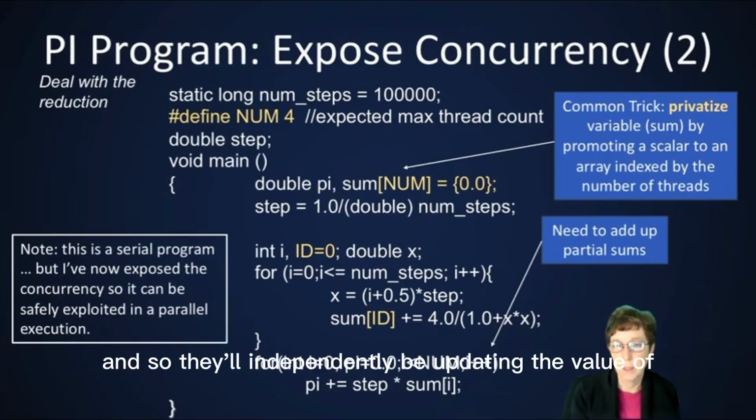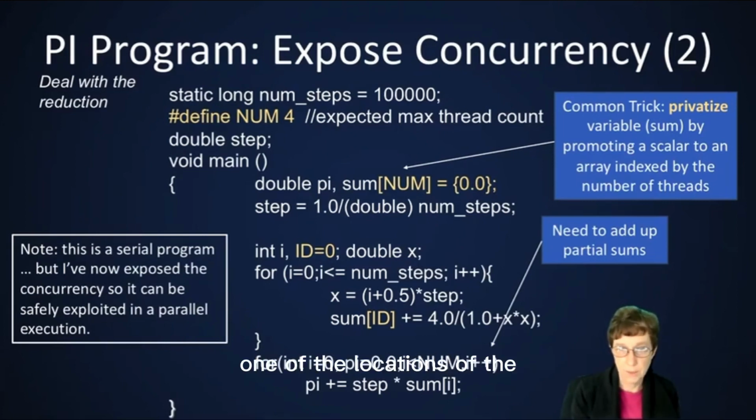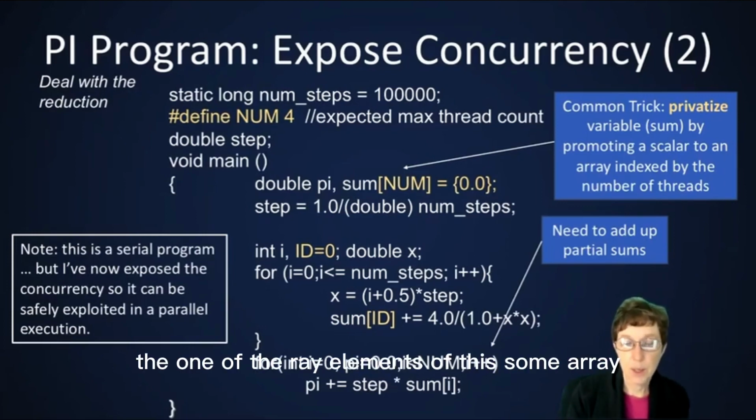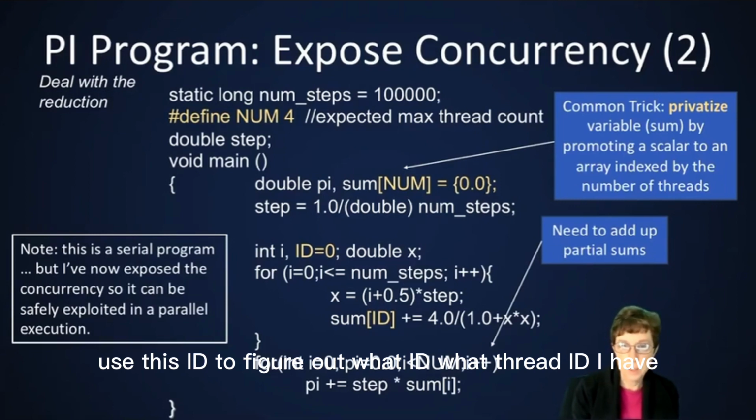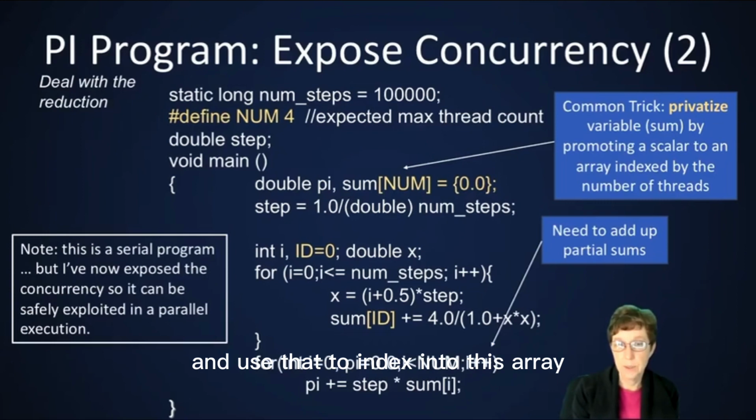And so they'll independently be updating the value of one of the locations of the sum index, so one of the array elements of the sum array. Okay, so I now also am going to use this ID to figure out what thread ID I have, and use that to index into this array. So I need to compute that value somehow.